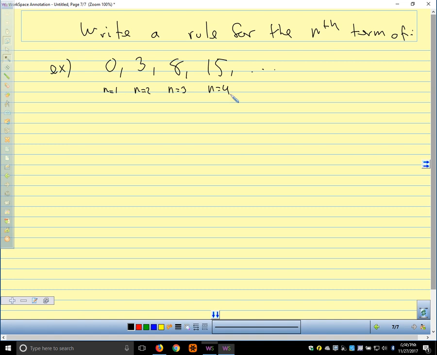Anybody see what it is? Yes. n squared minus 1. Each of these is 1 less than a perfect square. 3 is 1 less than 4, 8 is 1 less than 9, 15 is 1 less than 16.